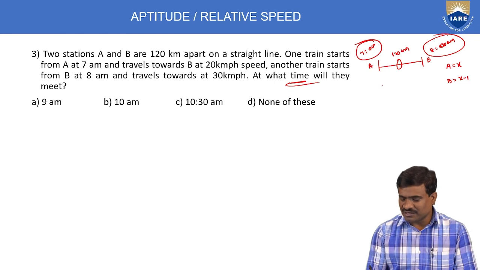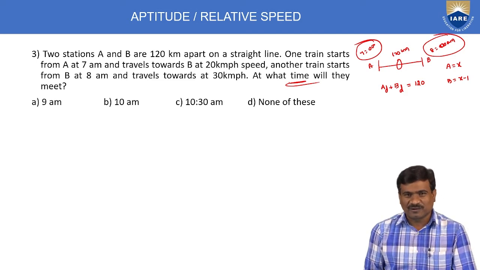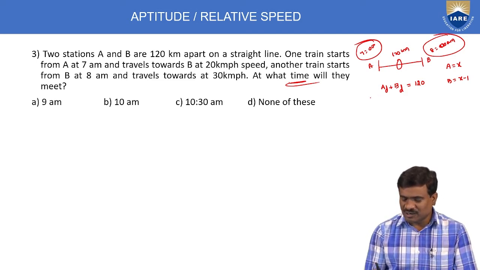Next, if the problem belongs to opposite direction, A's distance up to the meeting point plus B's distance up to the meeting point is equal to the total distance 120. Distance is equal to speed into time.